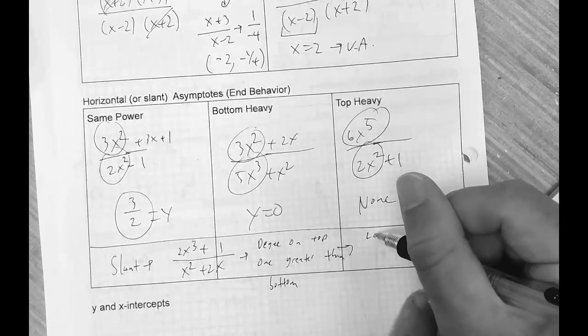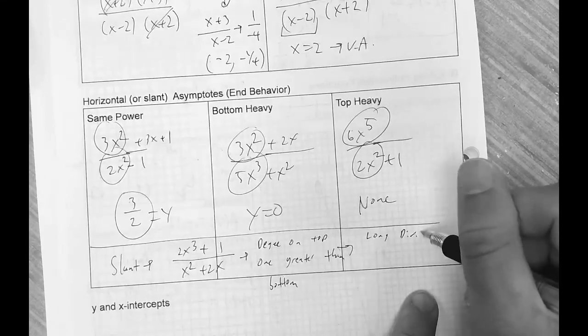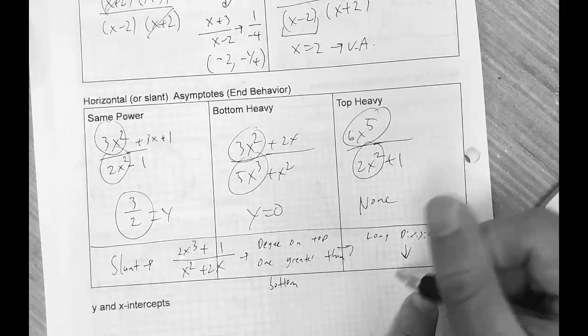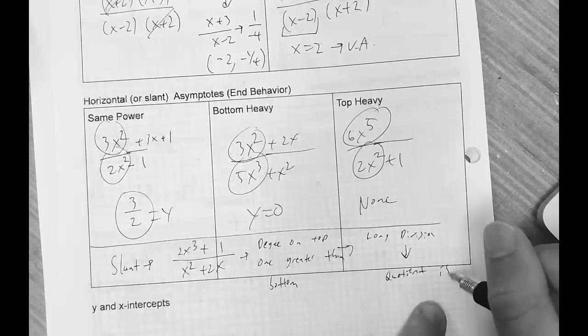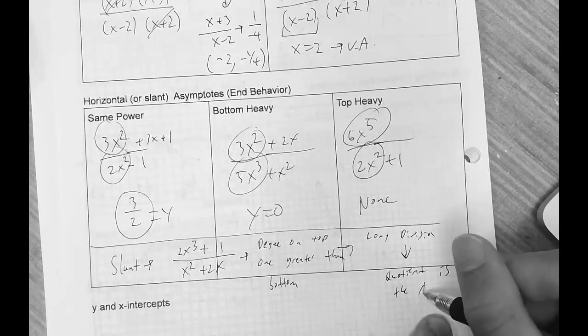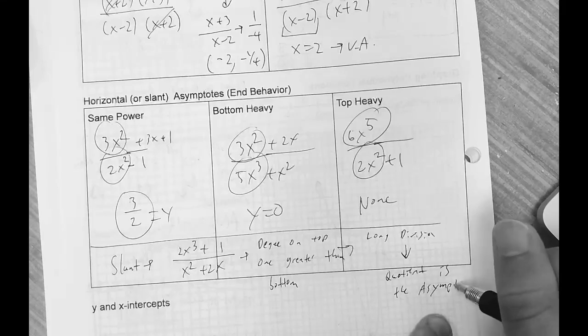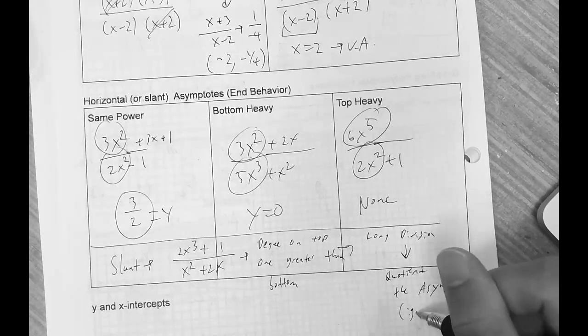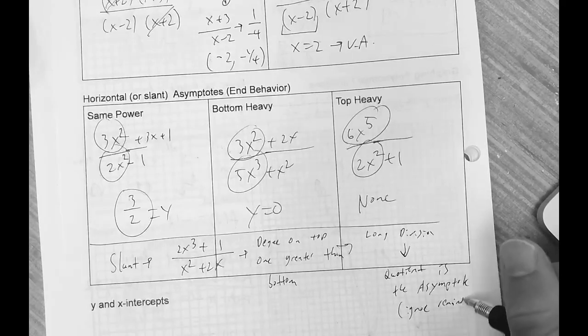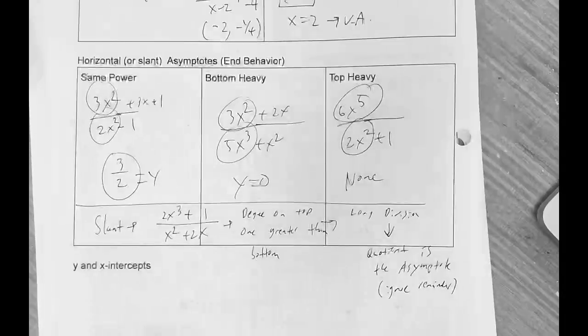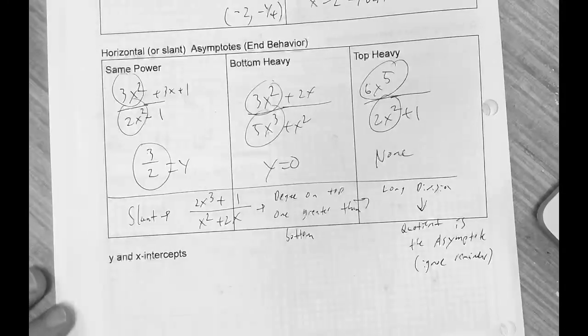You do long division, and then the quotient is the slant asymptote, and you want to ignore the remainder. Those are how slant asymptotes work.